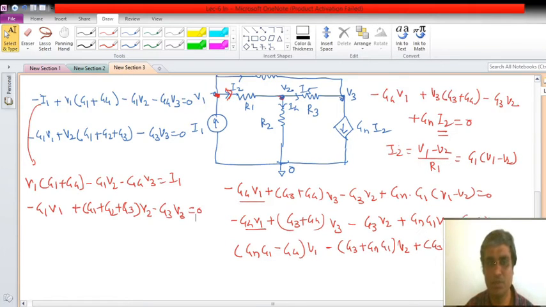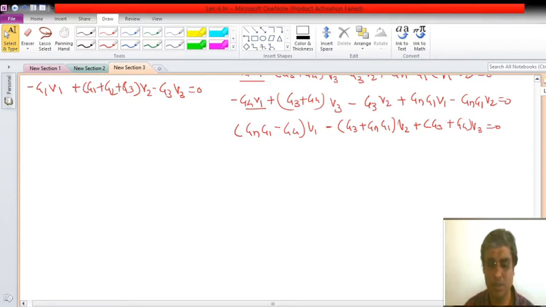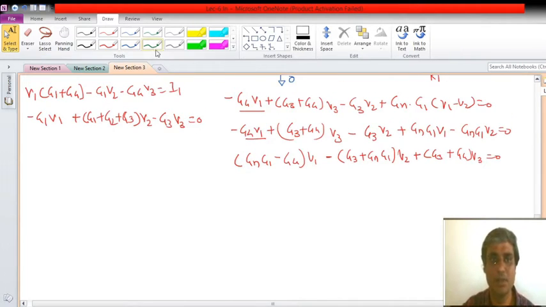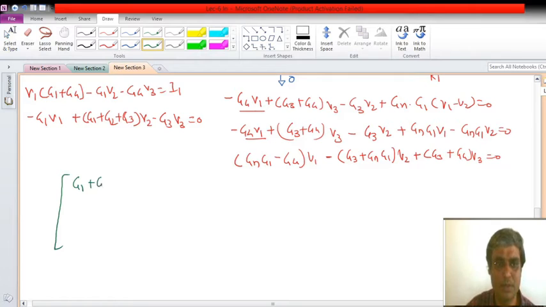So what will be in matrix formulation? Let us say one is G1 plus G4, second is G1 plus G2 plus G3.